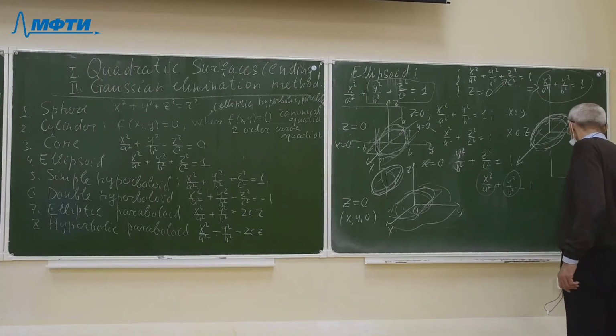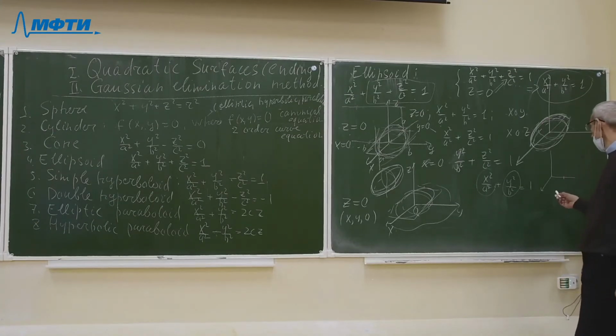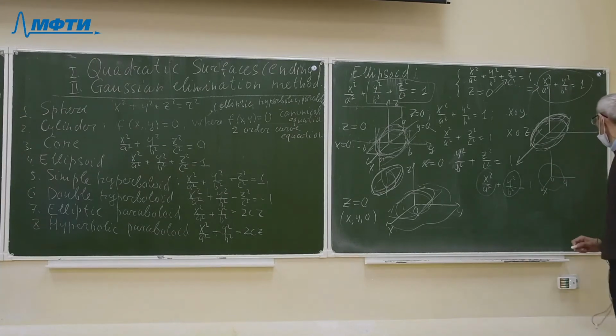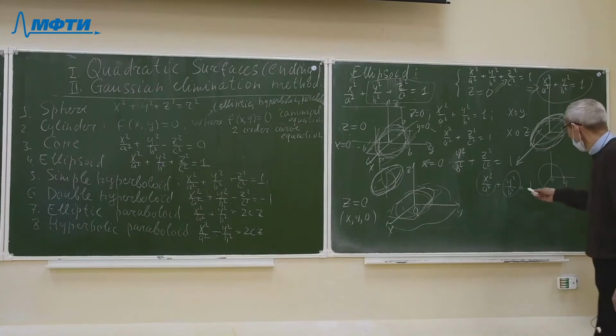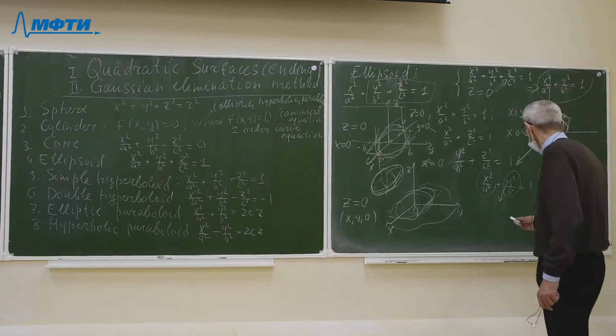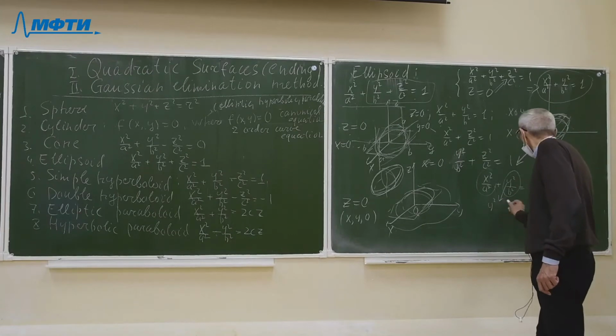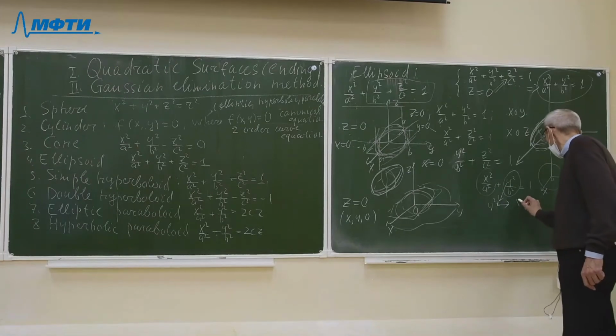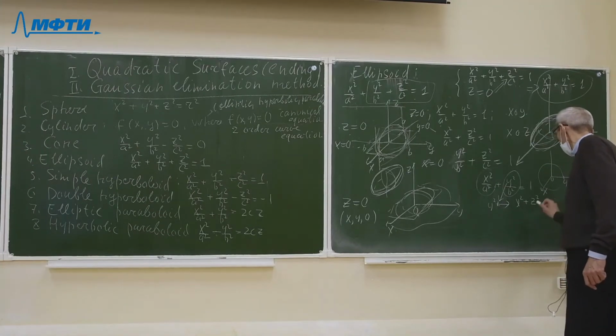If we have some point with coordinates x, 0, y, and if we rotate the point with coordinate y, we can change this coordinate y by the square root of y squared plus z squared.